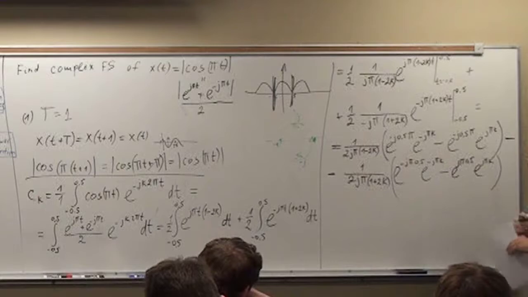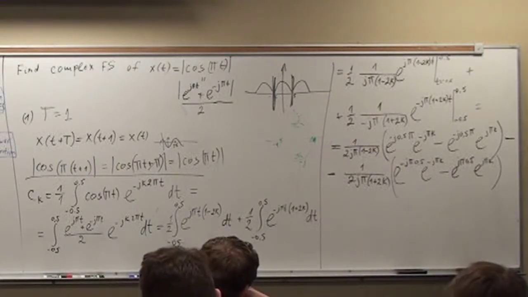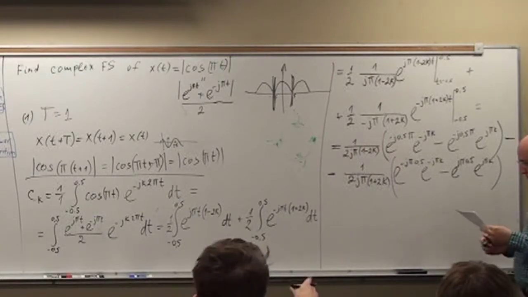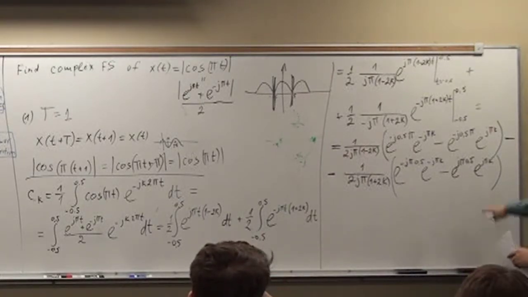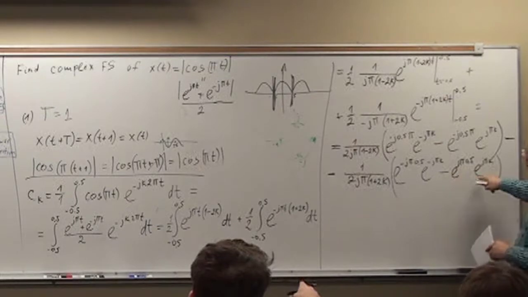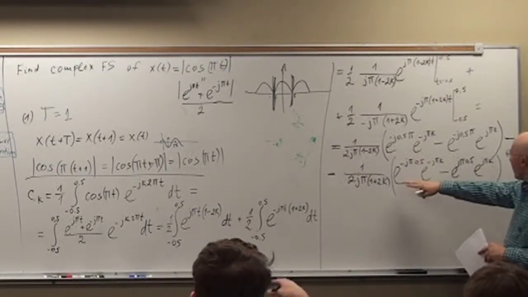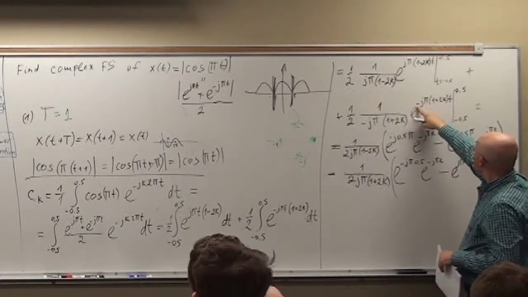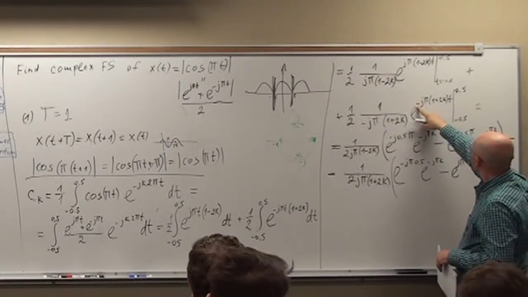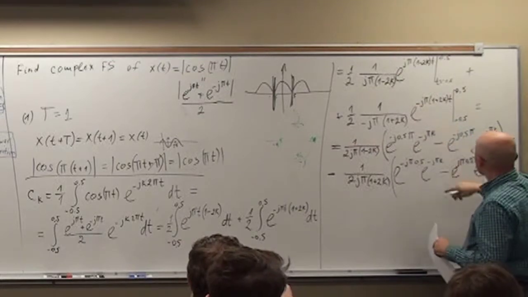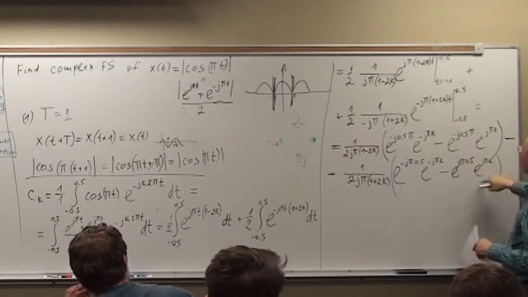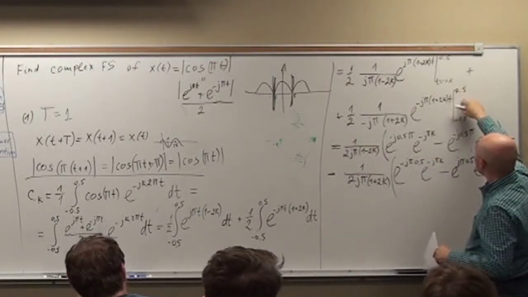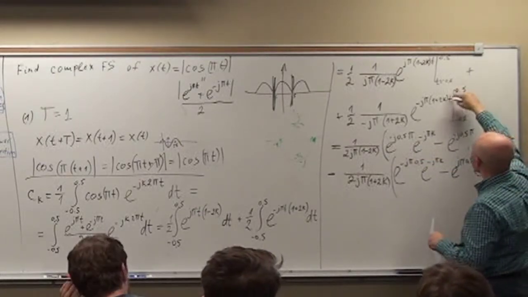Yes. Why, on the second one, the e to the negative j pi k, why is that negative, not positive? The left one? That one? Yeah. Why is this one negative? Well, I'm putting 0.5 instead of t here.